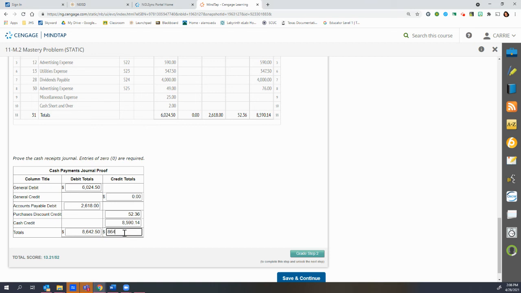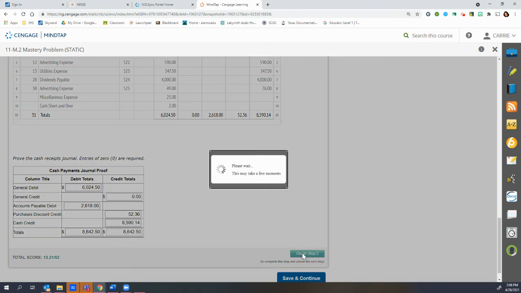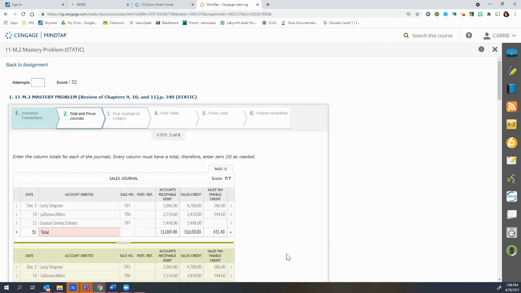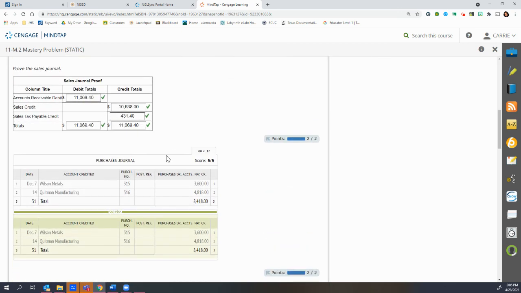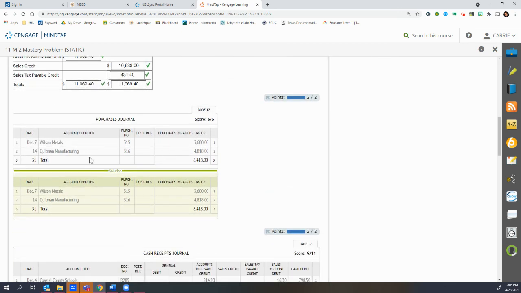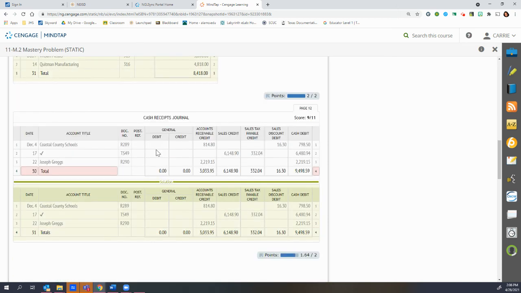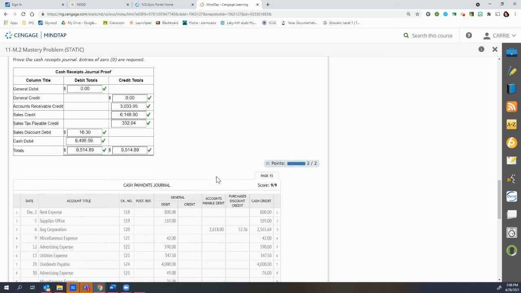So those match. Any questions on that? I know this is a lot, right? Oh, they want us to put totals instead of total. I hate that. I'm sorry, guys. This one you can put total, but up there you have to put totals. That's crazy.